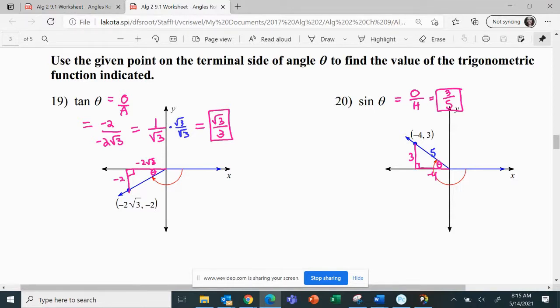Okay? Starting at number 19, when we look at the O, the opposite, in number 19, the opposite is that -2. What coordinate of the ordered pair is the O?